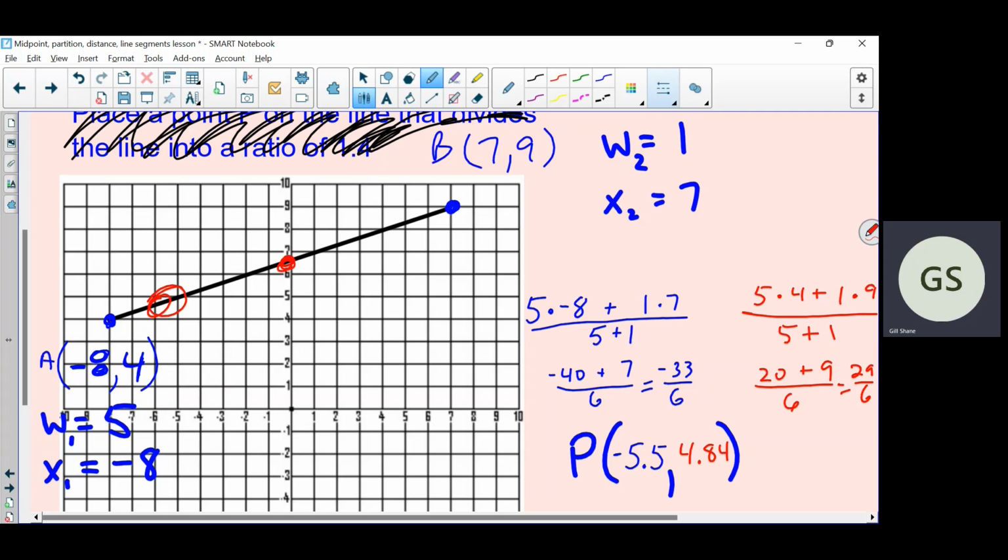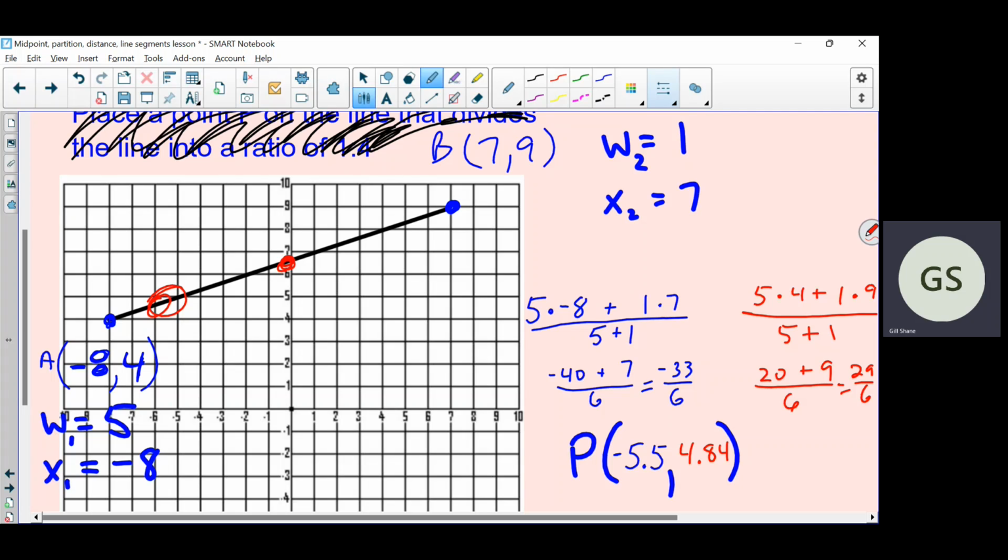And again, if you don't round it perfectly, the key is though, if I go to put that on the graph, it better fall on the line. If it doesn't fall on the line, I did something wrong. Because I'm taking this line and I'm putting a point on the line. So if the math is correct, my point will be on that line, or really, really close if I round it off. And I'm hoping it's somewhere in there based on the weights.